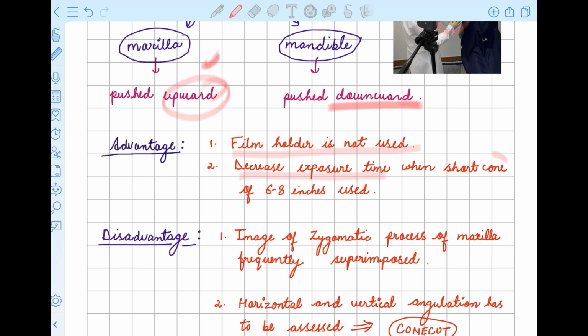Because here we are using a short cone of 6 to 8 inches. Just remember the size of the short cone, it is asked in Viva. Since we are using a short cone, we can decrease the exposure time. For a shorter period of time we have to shoot the X-ray, because the cone is very short.